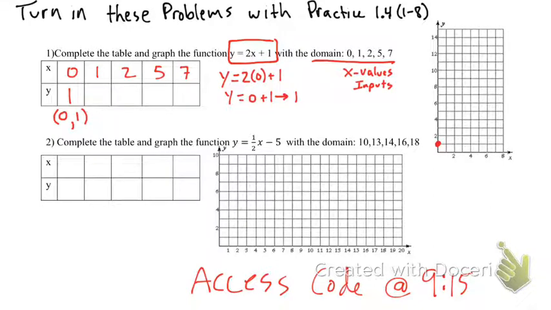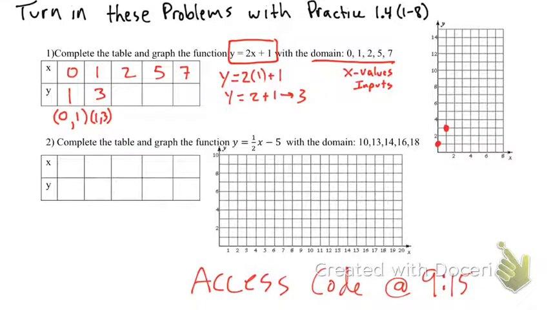Just so you could check to see if you're doing it correctly. So I plugged in 0, now I'm going to plug in 1. So I'll erase this and this. So that gives me 2 plus 1, which would give me 3. So my point is 1, comma 3, which is here.